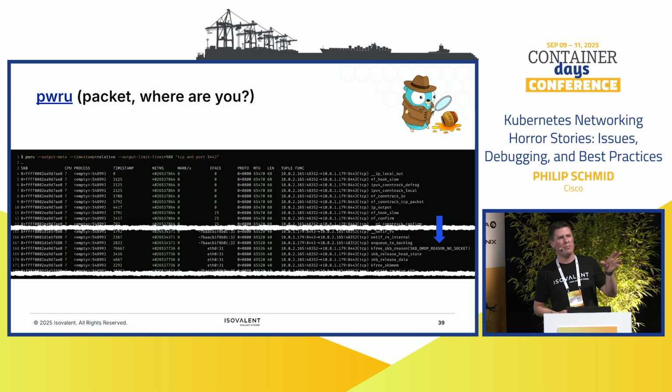And by the way, SKB stands for socket buffer, and it's essentially the metadata structure created within the Linux kernel for every single network packet. It's this data structure which is modified when a packet traverses through the Linux networking stack.